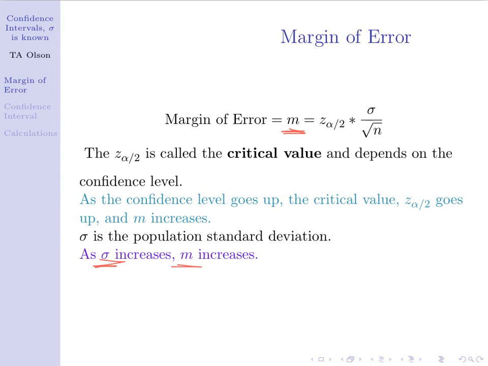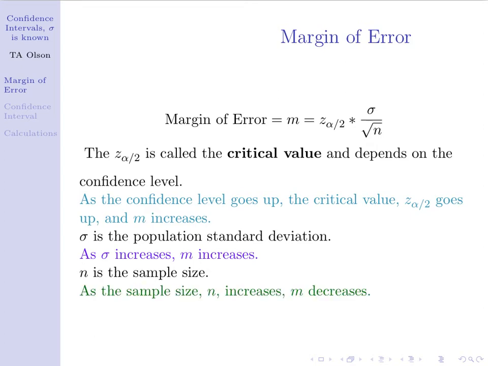As they increase, our margin of error increases. N is, of course, our sample size, and that's the one that behaves differently. As the sample size increases, our margin of error decreases. And again, we saw that because the larger our sample size is, the more likely our sample means are to be close to the population mean.